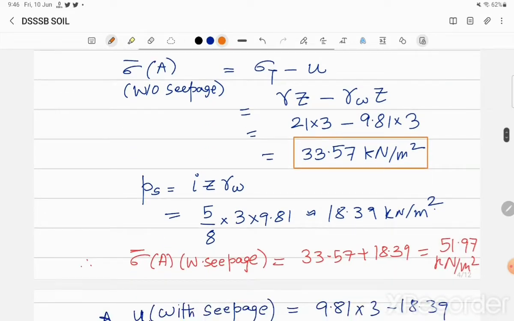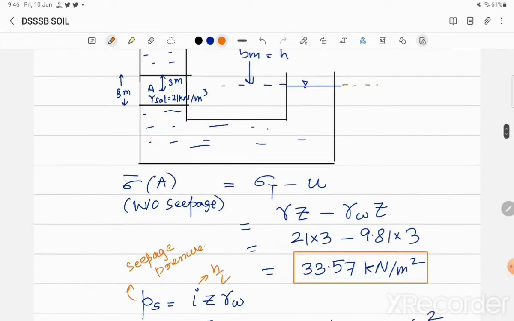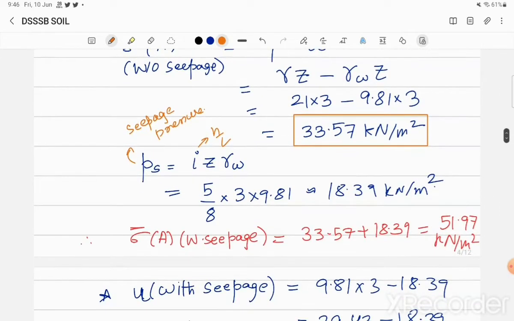Now we'll find the seepage pressure at point A. It can be calculated with the formula i z gamma w. Since i is h by L, h here is 5 meters and L is 8 meters from the figure itself. z is 3 and gamma w is taken as 9.81 kilonewton per meter cube. After calculations, our seepage pressure comes out to be 18.39 kilonewton per meter square.